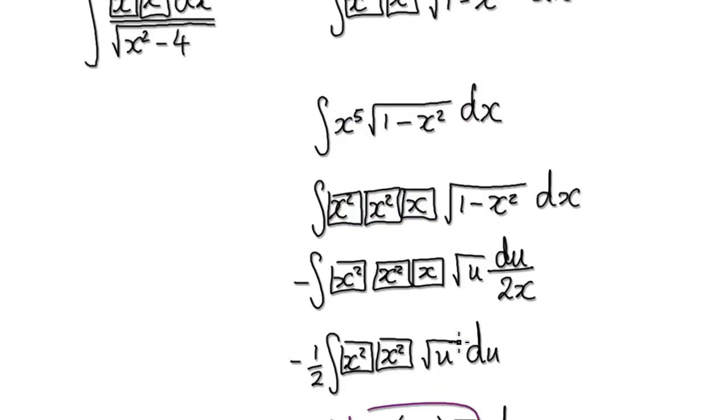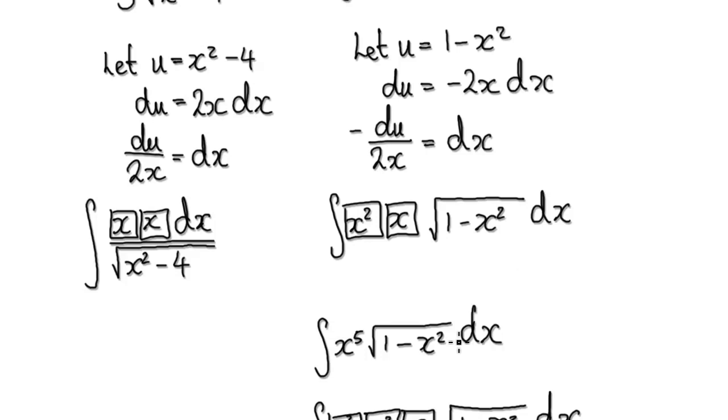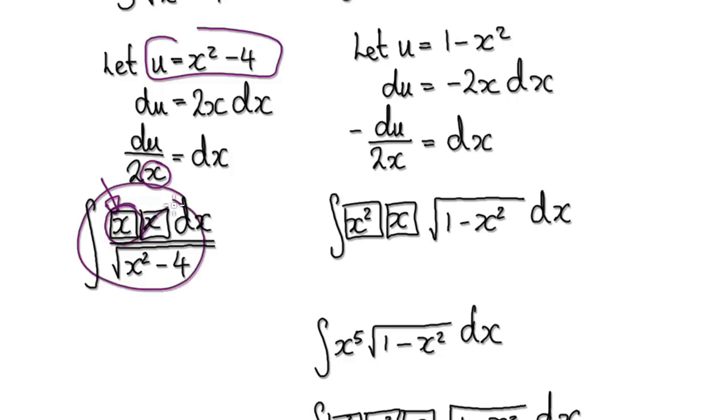Whereas over here, you've got your x here. It will cancel out with one of the x's here, and then you've got an x left over. If you had an x squared, then it would be nice and neat. But then you've got this one x here, and this thing will become messy.